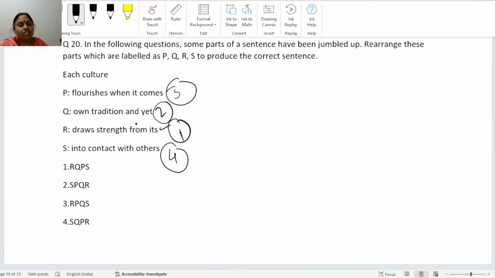So by using the tradition, whatever earlier is there, that keeps on flourishing, means it keeps on being followed by the people and then whenever they are coming in contact. So that's right. RQPS is the answer.